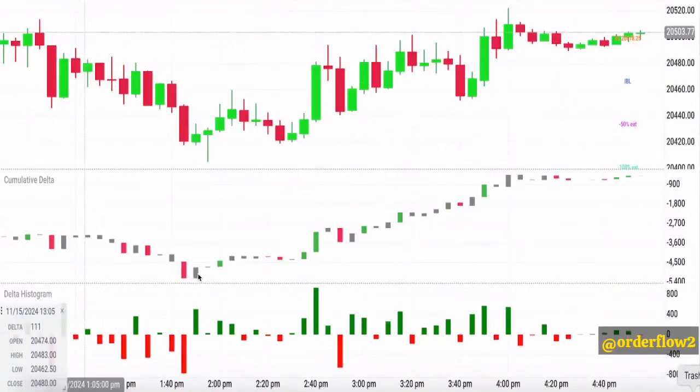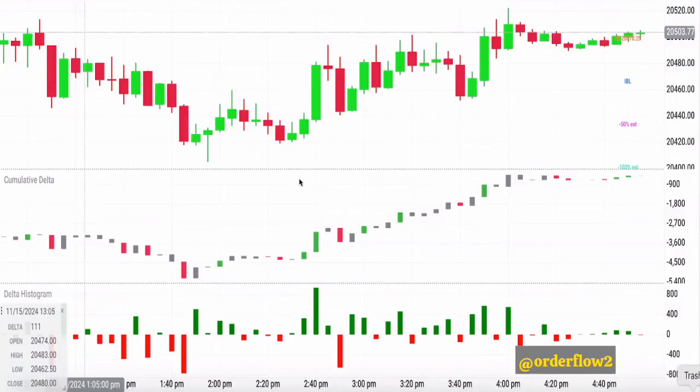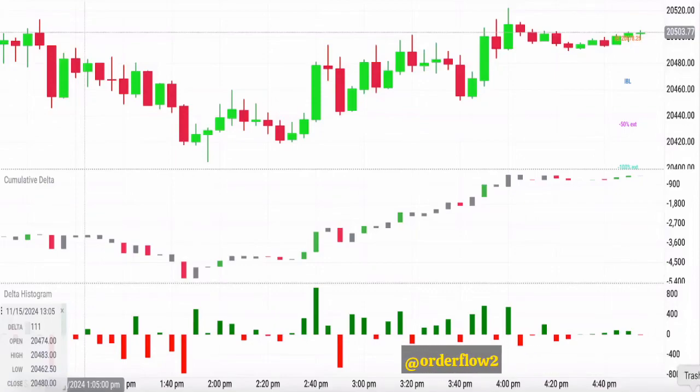Buyers stepping in, not enough though. Weak buying, now it's starting to pick up. Okay? So it tells you a story of the market, the order flow. Allows me to get in with conviction because I'm joining the immediate order flow direction.